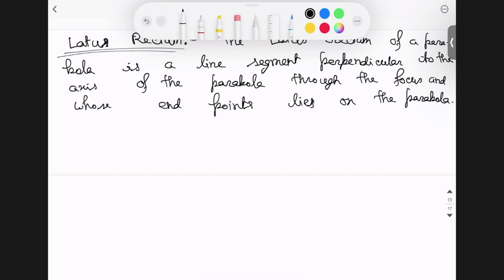I can draw from here a little bit so you can understand properly. This is the parabola. This is the focus, and this is the directrix.